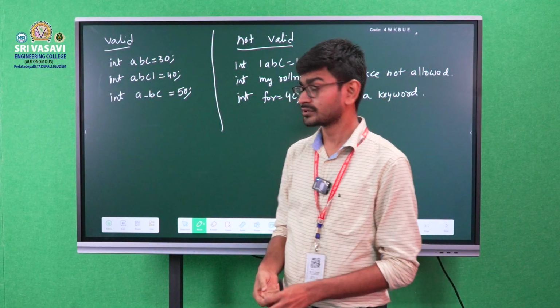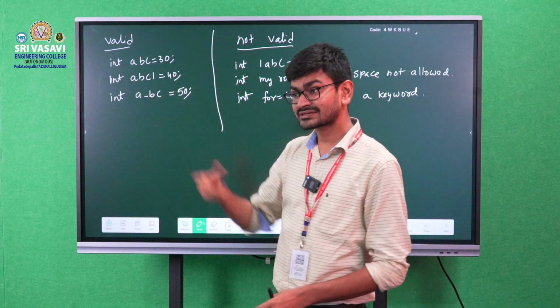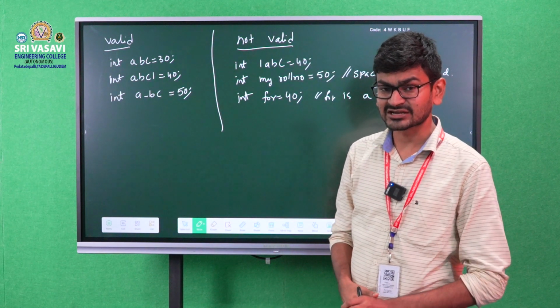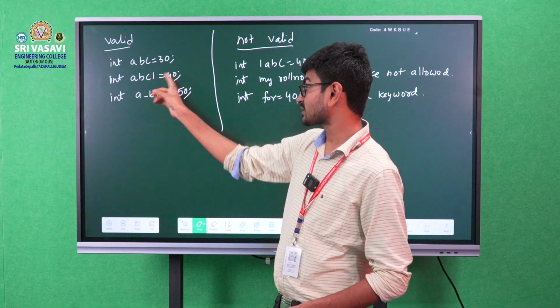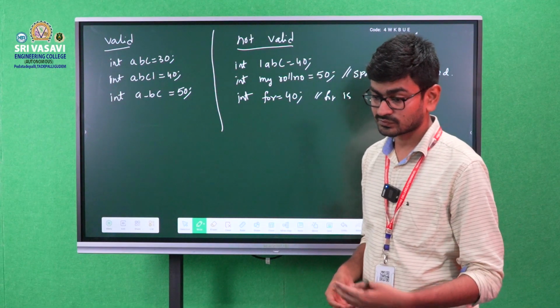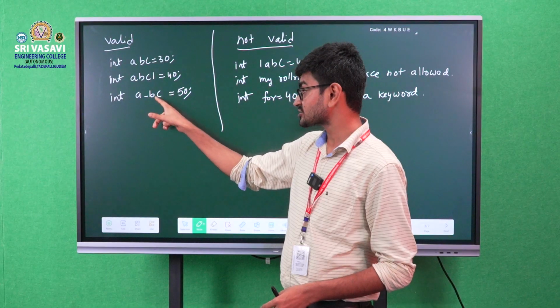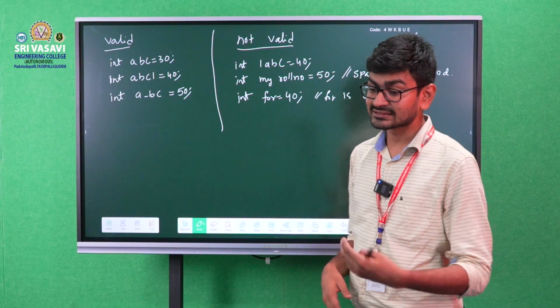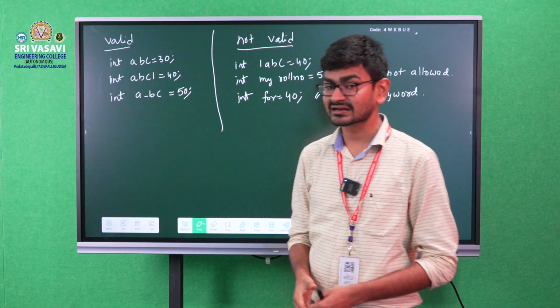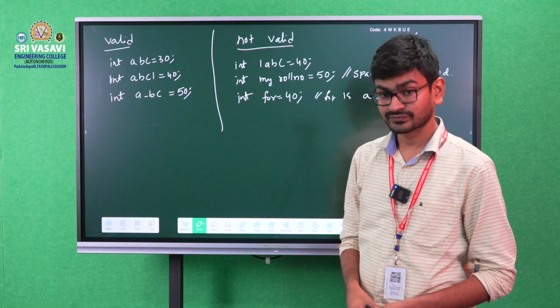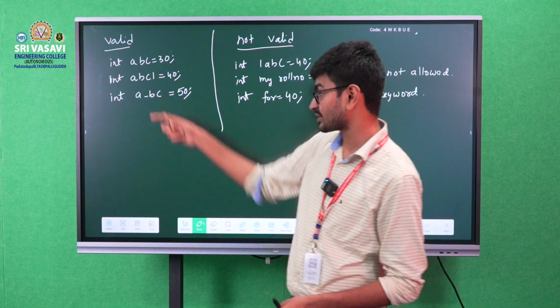Now this is allowed. And digits are allowed in identifiers, right? So ABC1 = 40. Even 1 is allowed. So that is also valid. A_BC. As we saw in the previous slide, underscore is valid in C programming language. So this is also allowed.